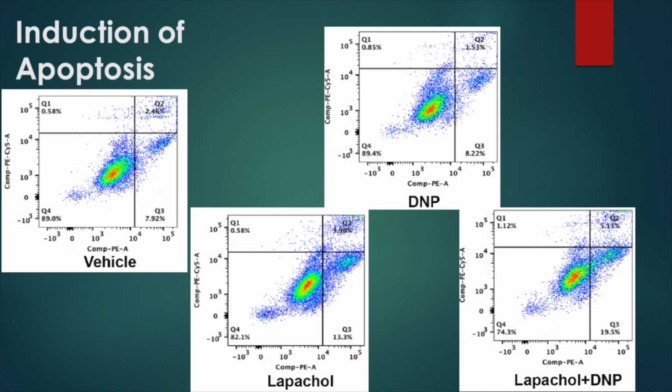The enzyme activity was not inhibited by Lapacol at 5 micromolar and 10 micromolar, whereas the abnormal enzyme, PKM2, was inhibited at 5 micromolar as well as 10 micromolar, and the inhibition was increasing with the increased dose of the Lapacol. So that means we have a molecule that is specifically targeting only the mutant isoform, PKM2, and not targeting the PKM1 enzyme.